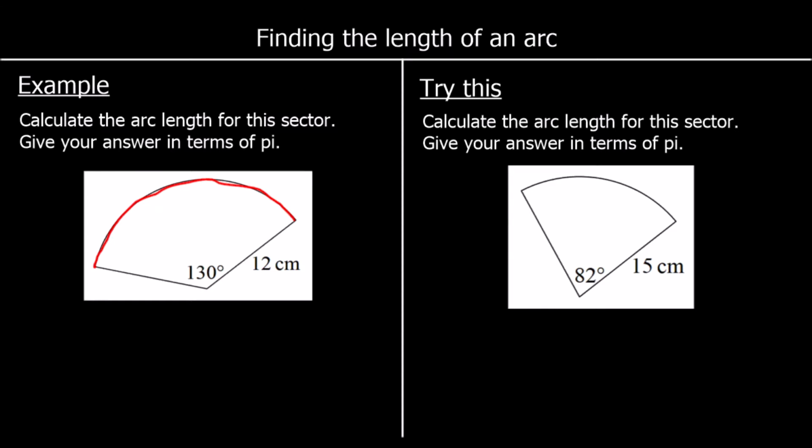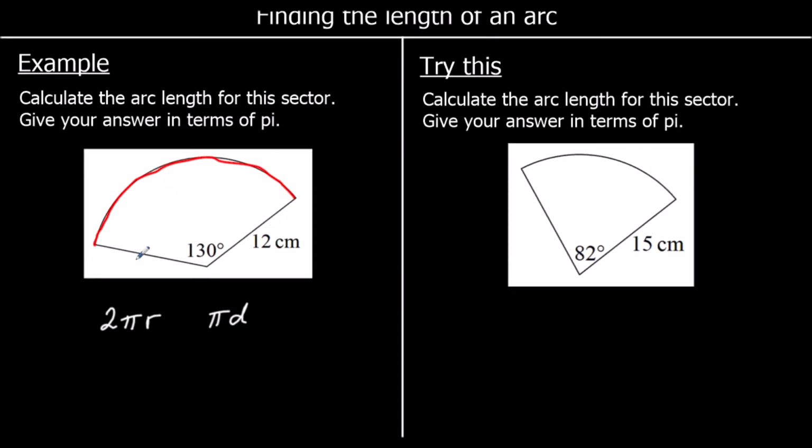So the circumference of a whole circle is either 2 times pi times r or pi times the diameter. Either one of those will find the circumference of the whole circle, and then we need to look at what fraction of the circle we've got. So the whole circle's 360 degrees.